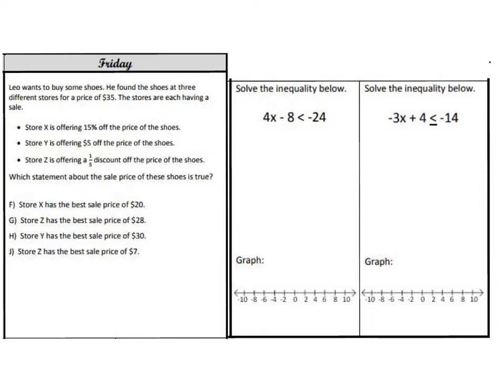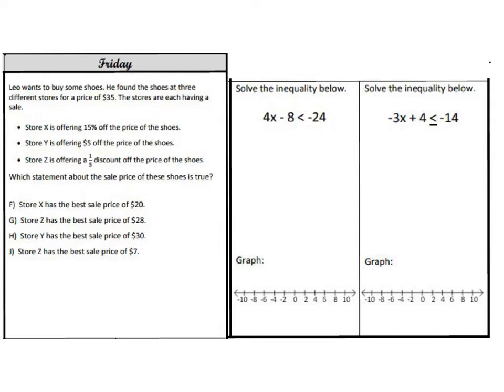So what we need to do is find out what the sale price is and then compare it. So if we know the shoes are $35 and they're offering 15%, well, remember, you guys know how to do 10%. So how do we find 10% out of 35?